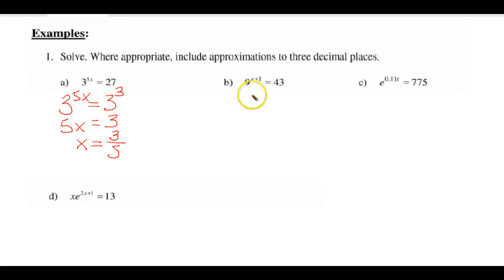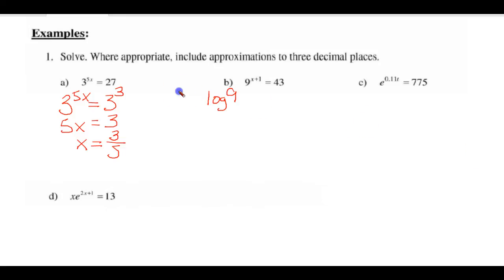Now, we did one like this just a little while ago, where we changed this to its log form. So let's do that. Log of base 10, we don't write that, 9, and then we put our exponent in front.